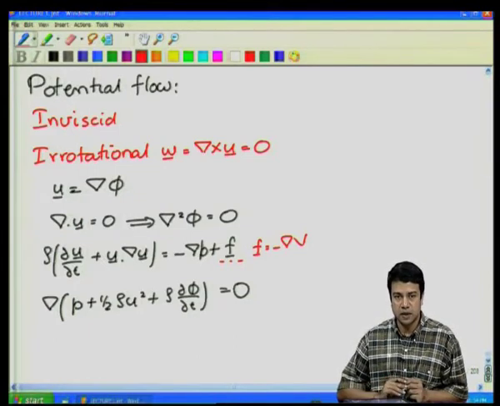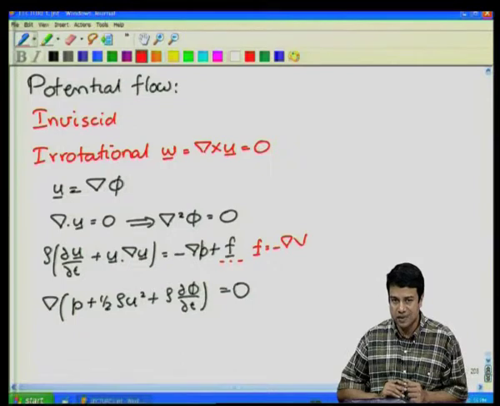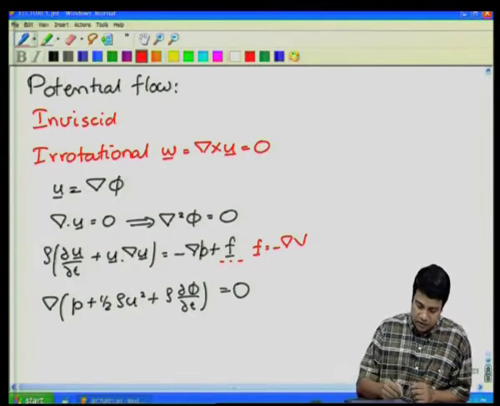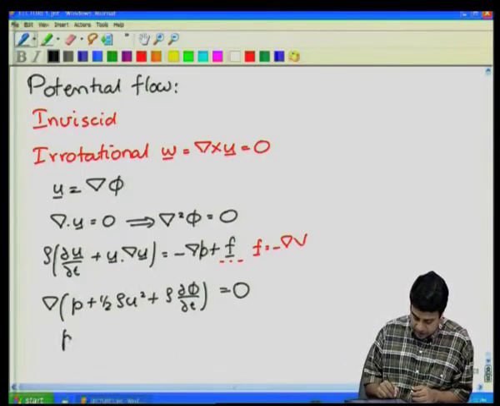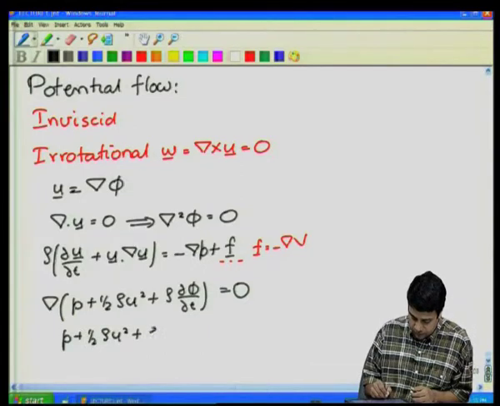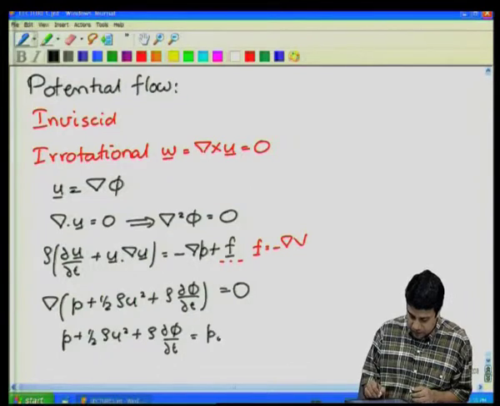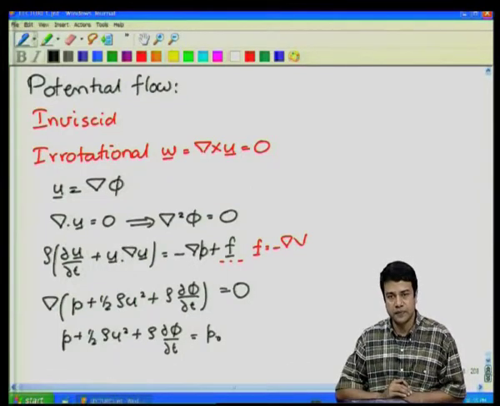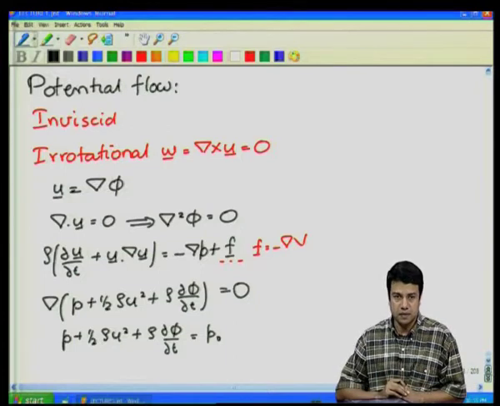So, even though the momentum conservation equation is a vector equation for 3 components, this can be reduced to a statement that just says that the gradient of a scalar function is equal to 0. That means that that scalar function has to be a constant. Is equal to some constant. Okay. So, these are the mass and momentum conservation equations.